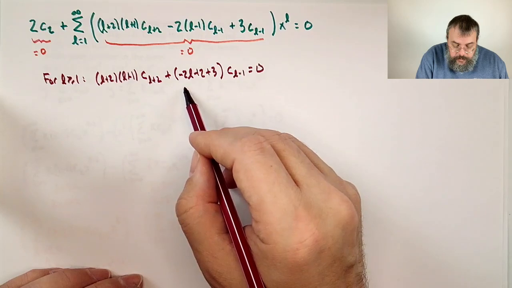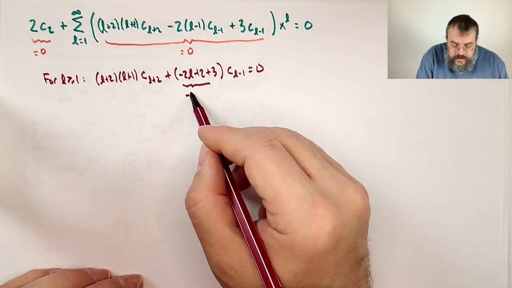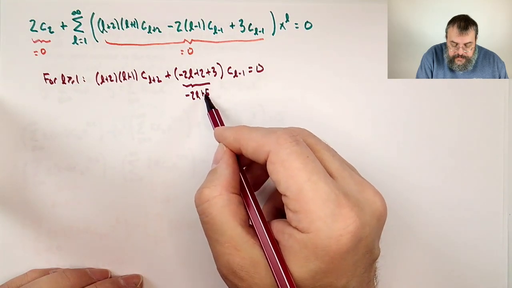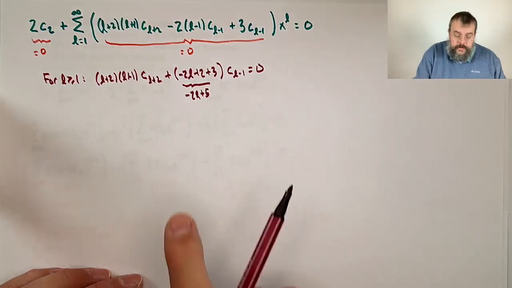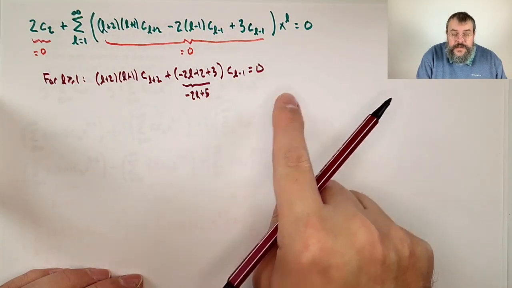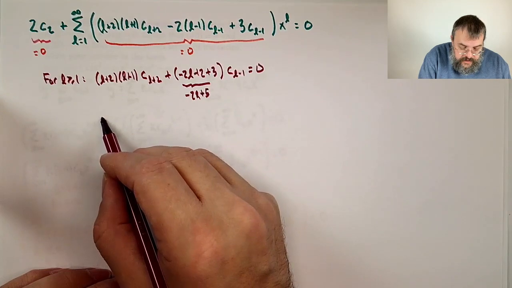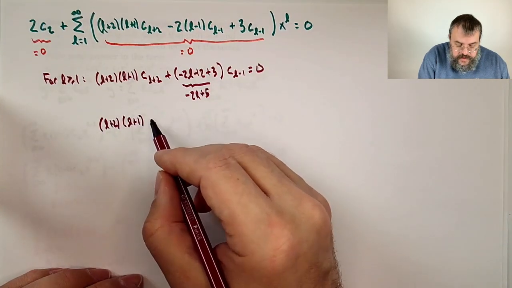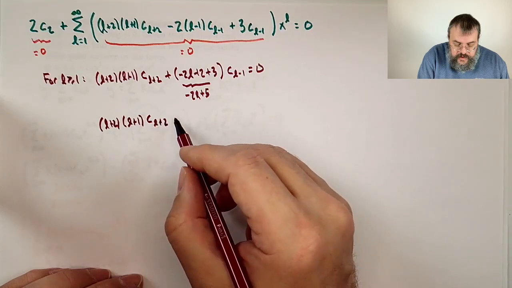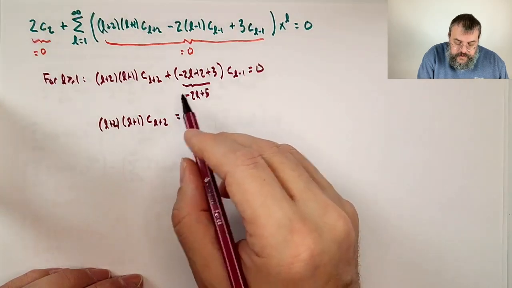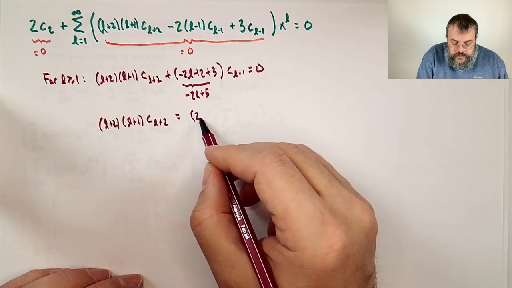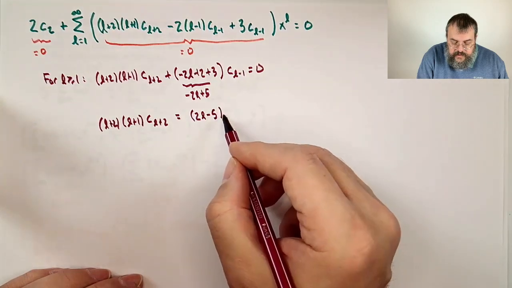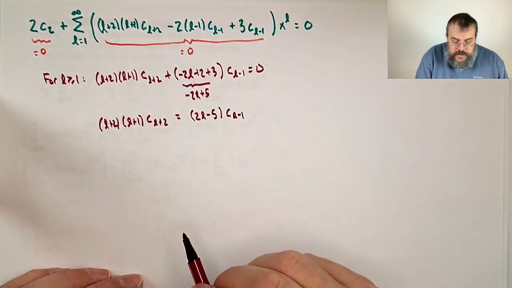Okay, so this is minus 2L plus 5. Now, move this across. We can say, okay, (L plus 2)(L plus 1)C_{L+2} is equal to, when we move it across, it'll become (2L minus 5)C_{L-1}.